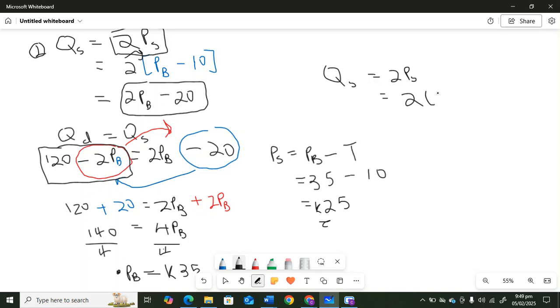So 2 times 25, 50. So the new quantity supplied is 50 units. Are we getting 50 when we substitute into this one here? 50. And also here 50.